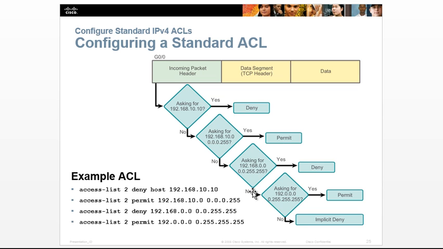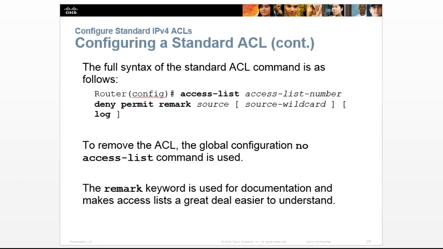Are we asking for 192.168.0.0? We have a deny command there. If it is, then deny it. No, go to the next one. Are we asking for 192.0.0.0? Yes, we're going to permit that based off this rule, so let it through. And if no, then we're going to drop the packet automatically, because remember, our last command is always an implicit deny. So if the traffic doesn't match any of these rules, it's going to get dropped. It's not going to get to go through anyway.